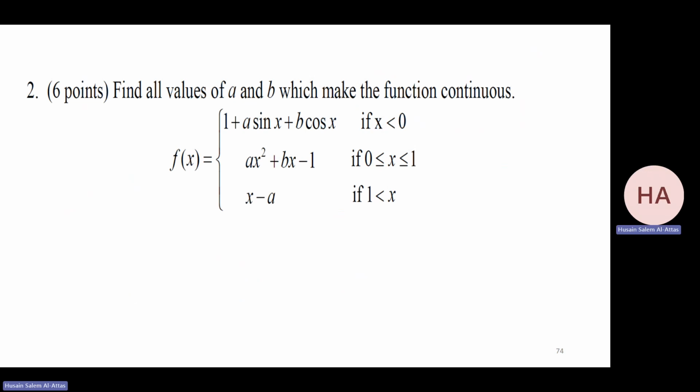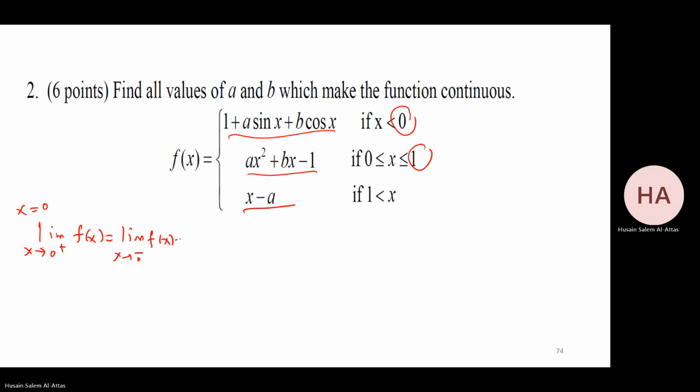Find all values of a and b for which the function is continuous. This is continuous, this is continuous, this is continuous. So check these junction points. The limit as x goes to 0 from the right of f of x equals f at 0. Substituting at 0, it becomes minus 1, and f at 0 is sin 0 plus b, so b is minus 2.